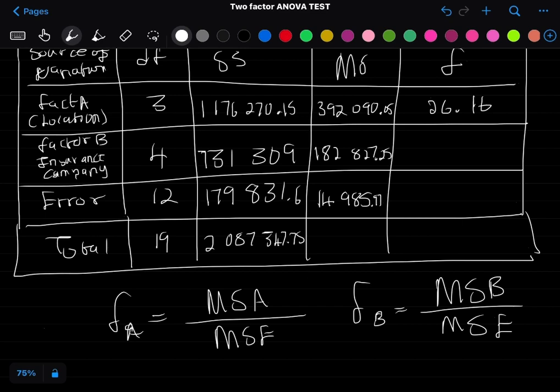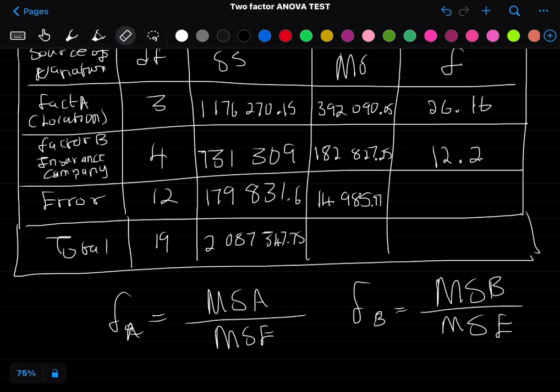Then for factor B, it would be 12.19, or let me take it to 12.2 rounded.